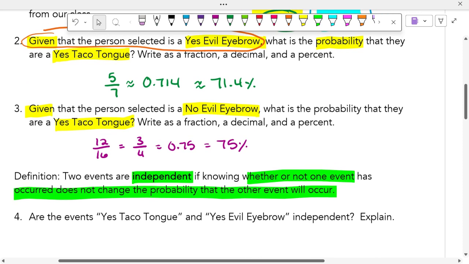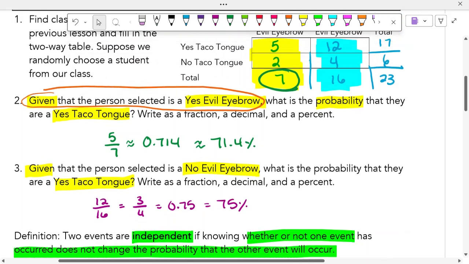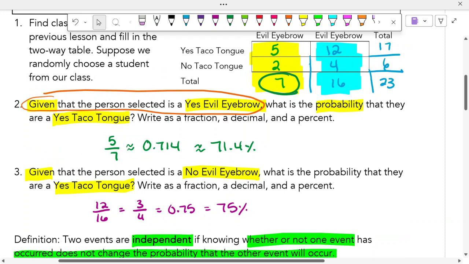In other words, these two probabilities should be pretty darn close, if not exactly the same, because knowing whether they have the evil eyebrow or not should not change the probability of them having the taco tongue.